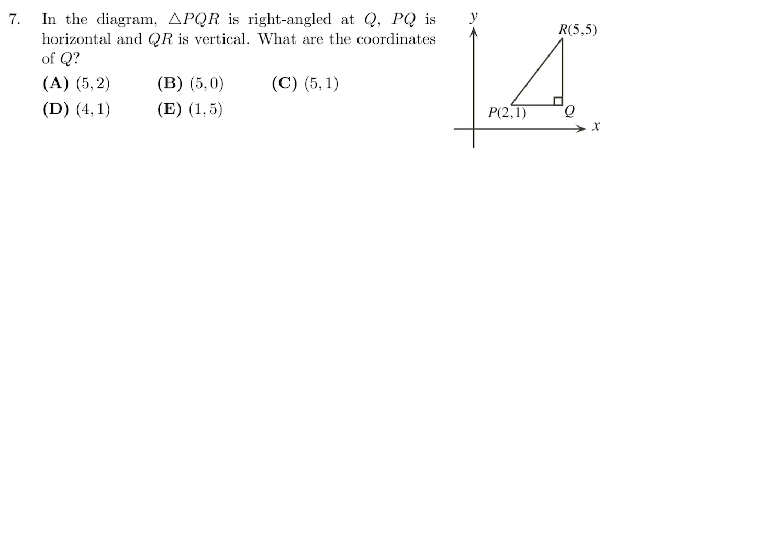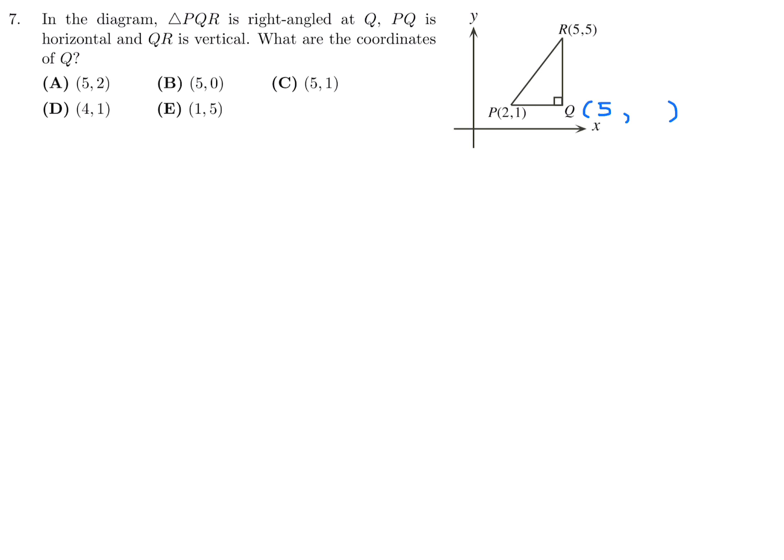In the diagram, triangle PQR is right angled at Q, PQ is horizontal, and QR is vertical. What are the coordinates of Q? Well, if you look at Q, obviously we'll have an x-coordinate and a y-coordinate. The x-coordinate will be the same as the x-coordinate of R, right? It's along the same x-coordinate like that, top and bottom.